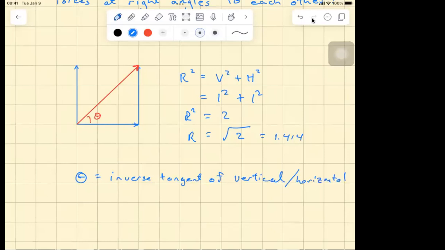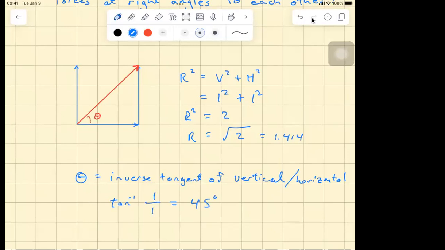So what does that look like? That looks like tangent inverse, which is also called arc tangent, of 1 over 1. So the inverse tangent of 1 is equal to 45 degrees. So this angle is 45 degrees.